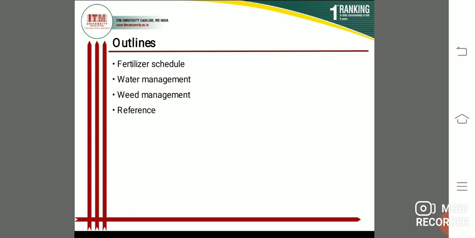Students, when the soils are deficient in phosphorus, its application at 40 kg P2O5 per hectare along with 80 kg nitrogen per hectare appears to be economical.